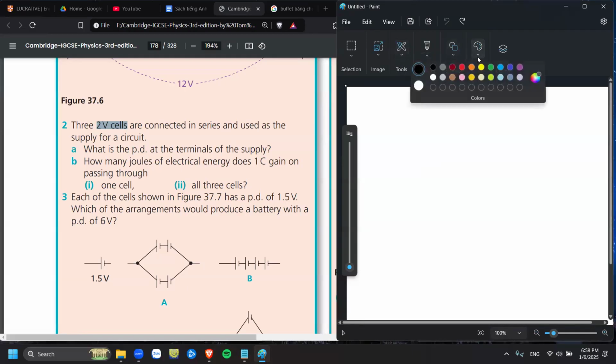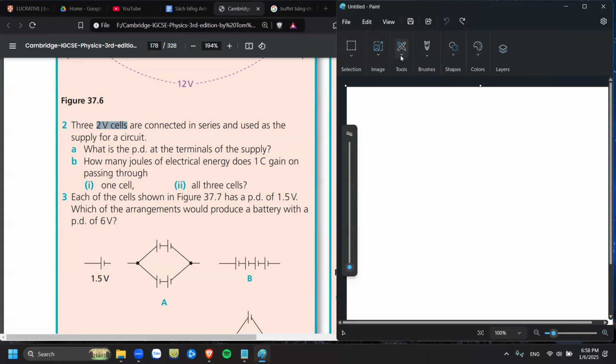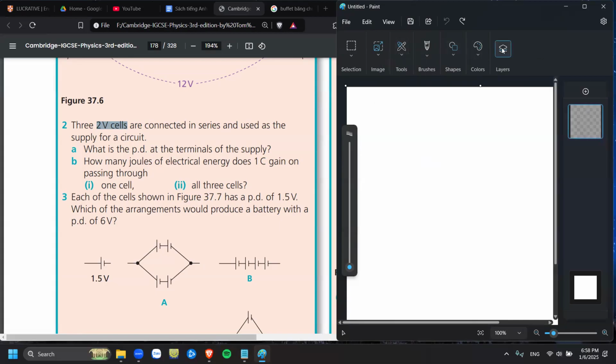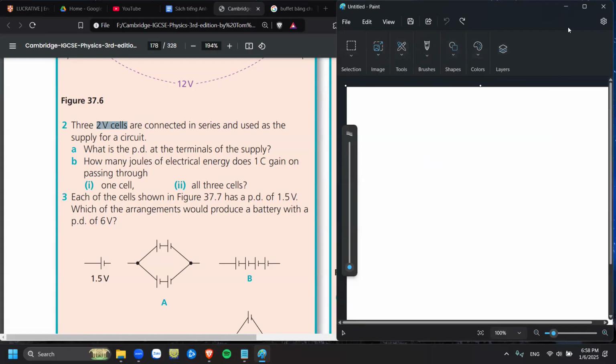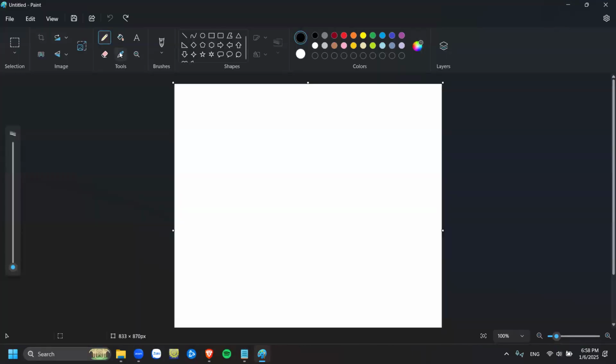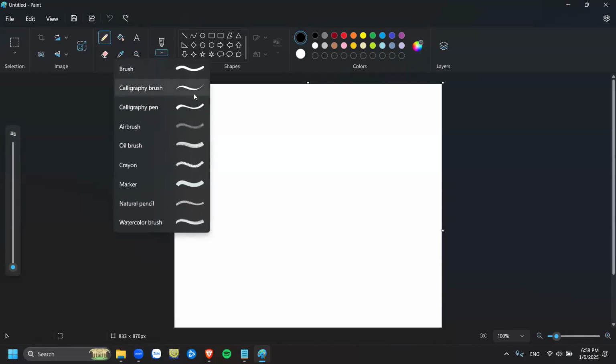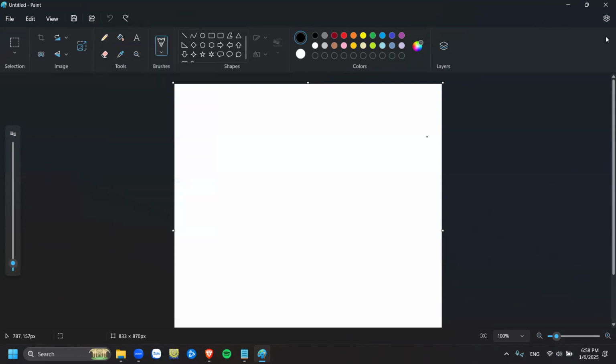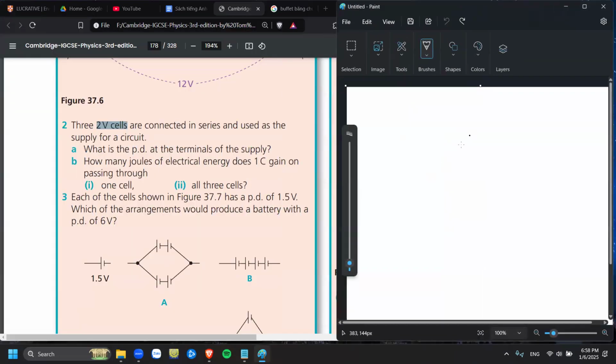I think they updated their interface, it looks very different from the last time I did it. Okay, let's just say natural pencils.